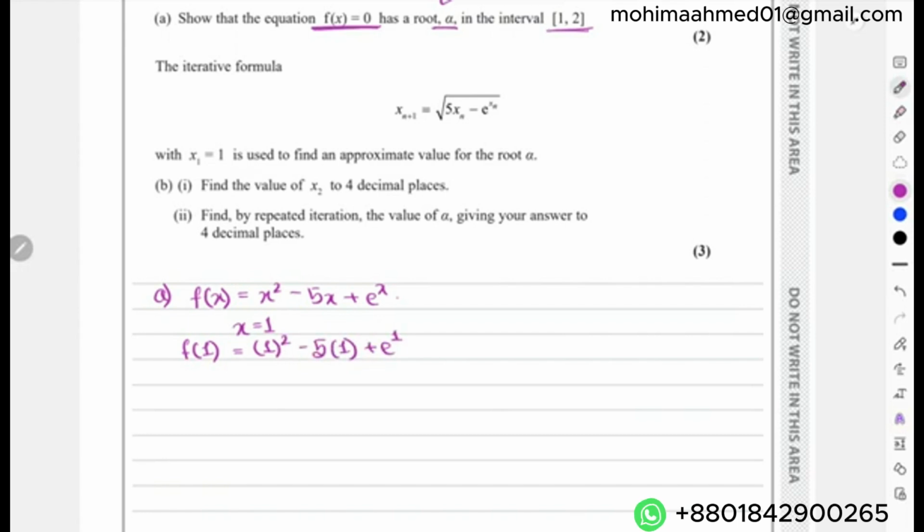So you have 1 squared minus 5, then plus exponential power 1. You get minus 1.2817 and a very big value, so we'll write it to 4 decimal places. Minus 1.2817. Okay. And then again, I'll do another calculation for x equals 2, which is f(2).